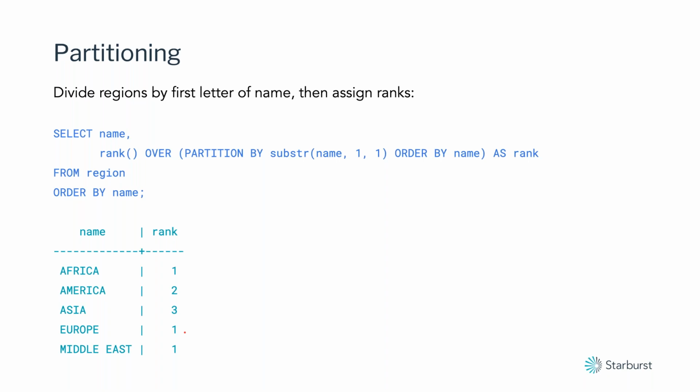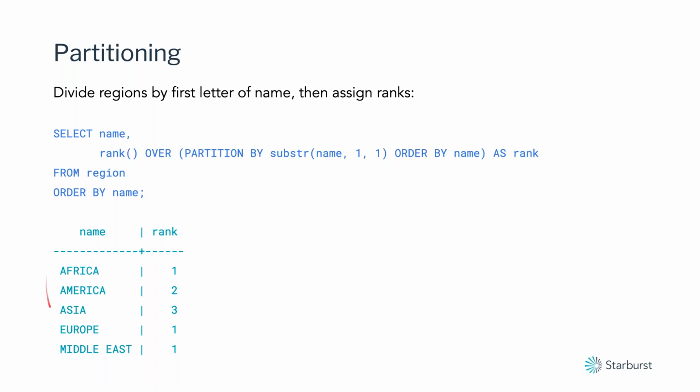With partition by, you're dividing it up based on the partitioning column or expression that you provide. So if we want to divide up these regions by the first letter in their names, we say partition by the first letter. So we'll partition on A, on E, on M, and then we'll order it by name. The ordering is within the partition.